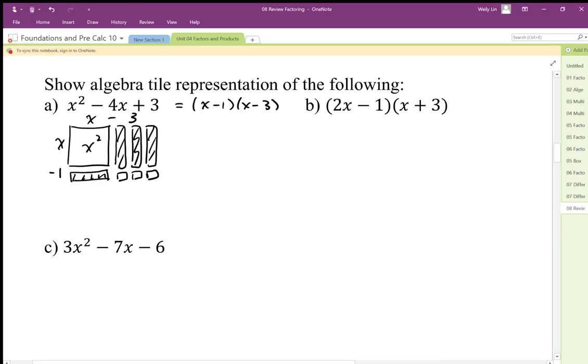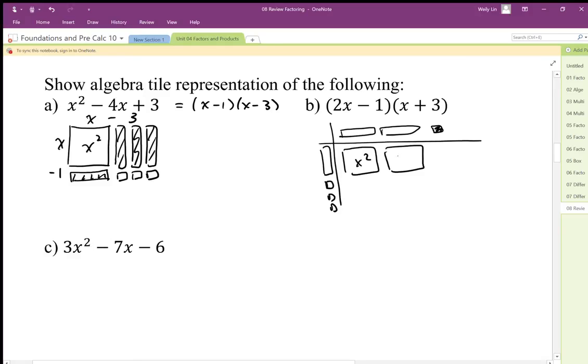This one's given in factored form, so I know that the outside should be 2x minus 1 and x plus 3. That's going to give us x squared, 2x squareds.